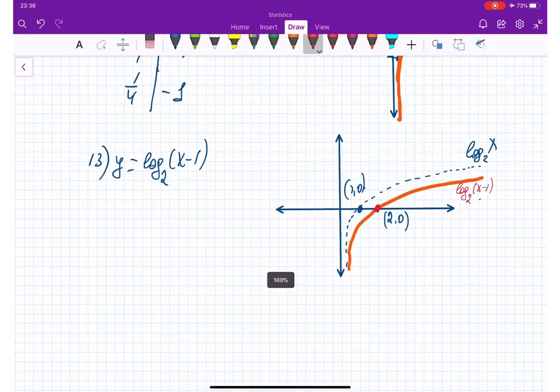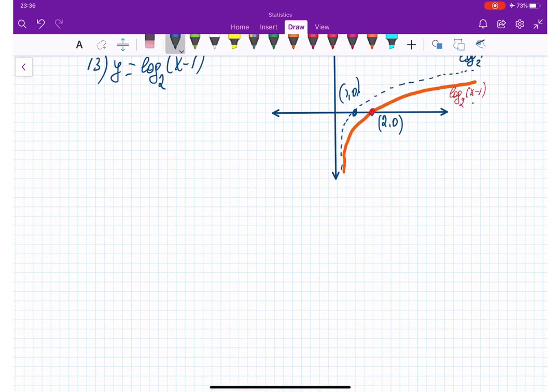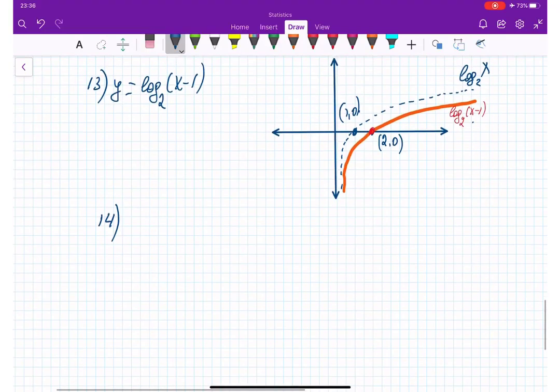Question number 14. We have, okay, f of x is equal to log of x minus 1, same graph, but by base 3. By base 3.